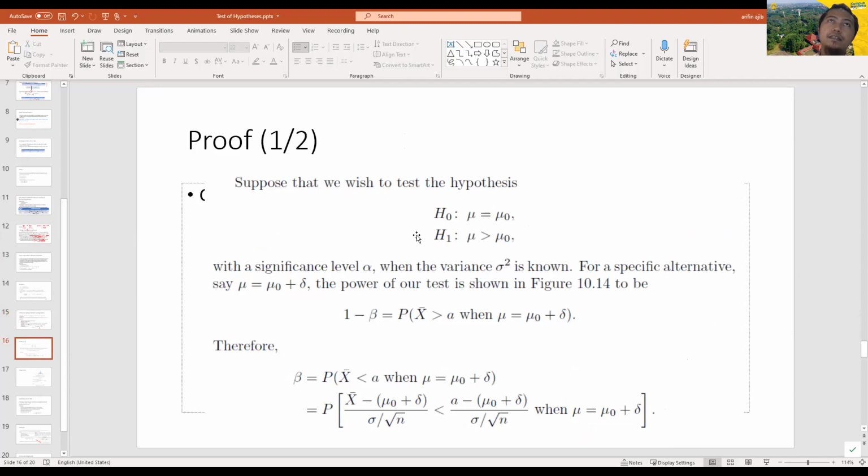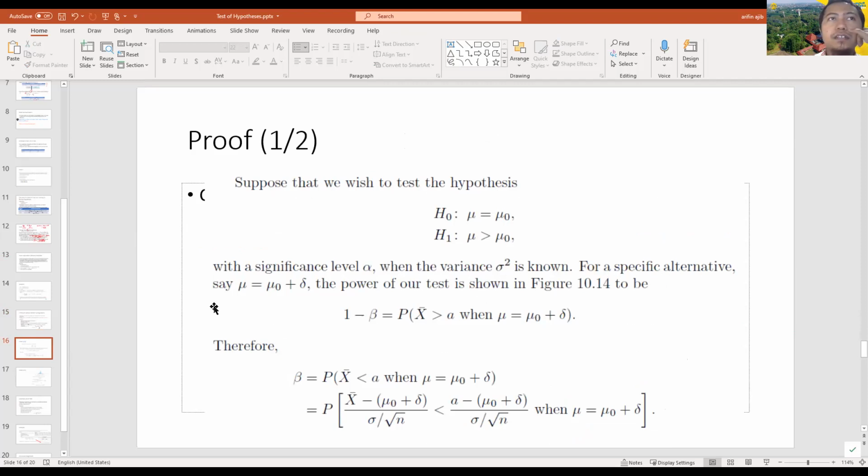And the next slide is the proof. Suppose that we wish to test a hypothesis like this. The null hypothesis is mu equal to mu 0, and the alternate hypothesis is mu greater than mu 0, with a significance level of alpha, and the variance is known.